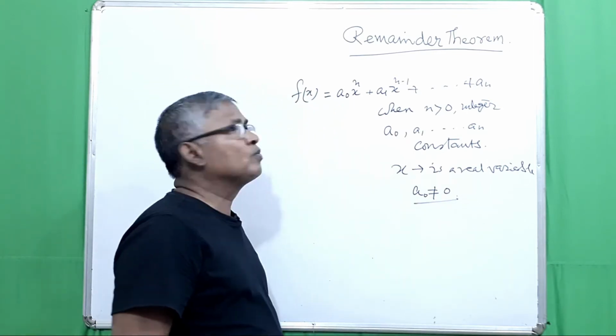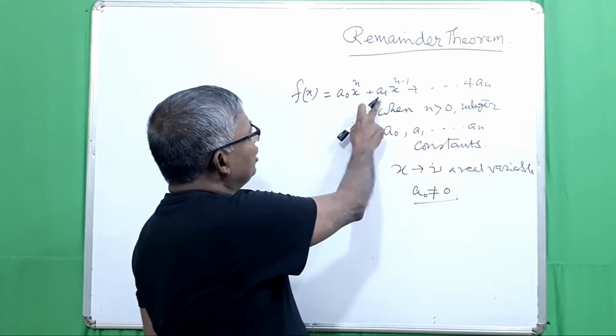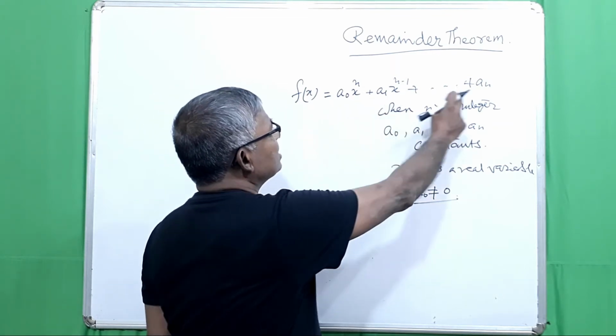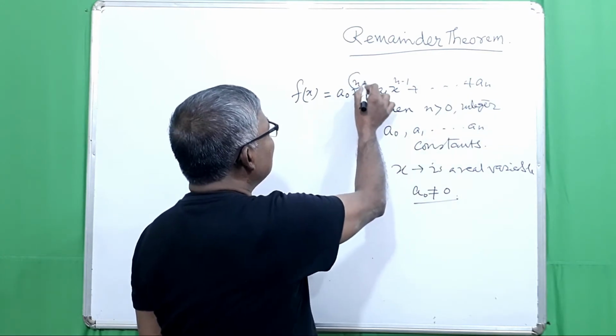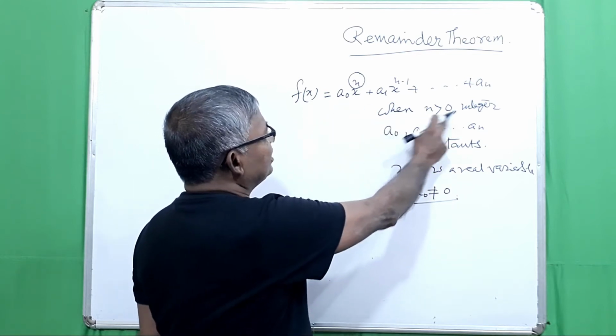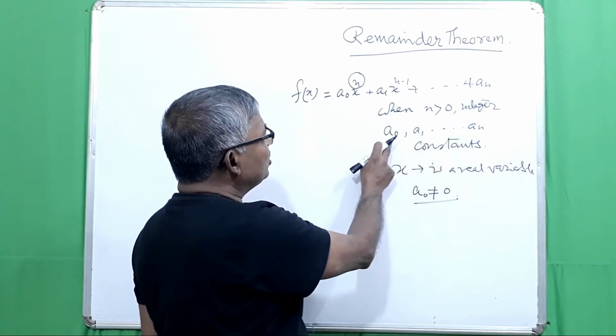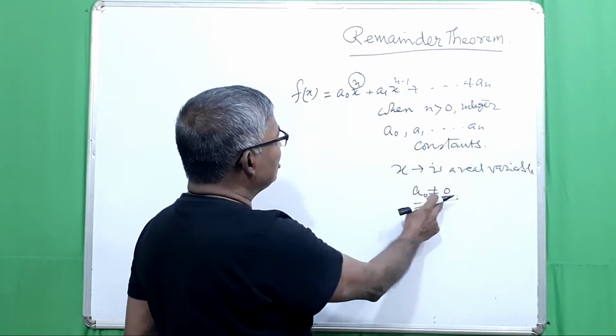Students, an algebraic expression a0 x to the power n plus a1 x to the power n minus 1 plus ... plus an is called a polynomial of degree n. What is the highest degree? It is n, where n is a non-negative integer and a0, a1, ..., an are constants, where a0 not equal to 0.